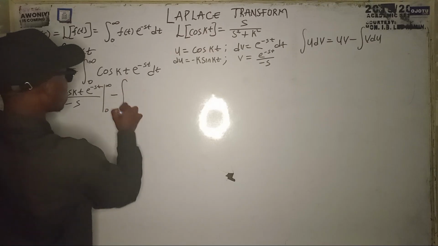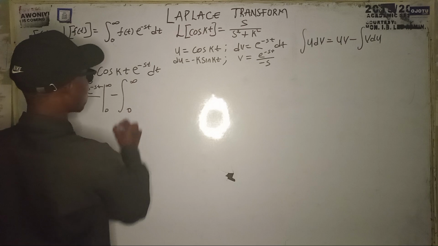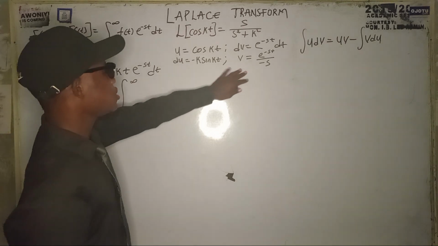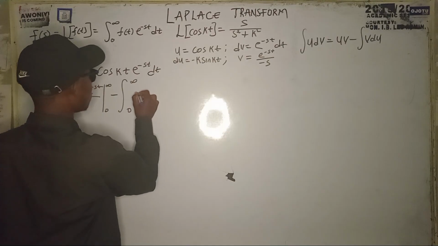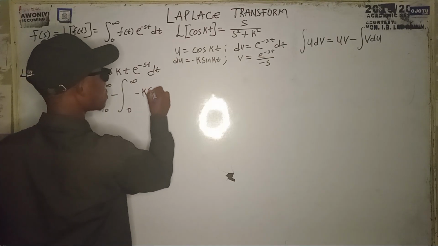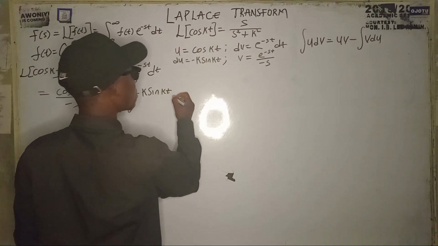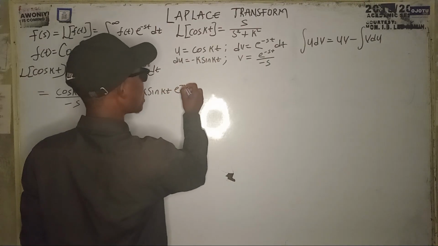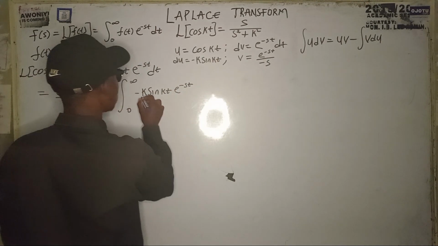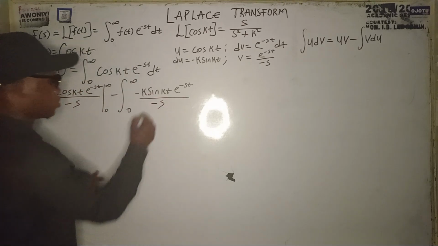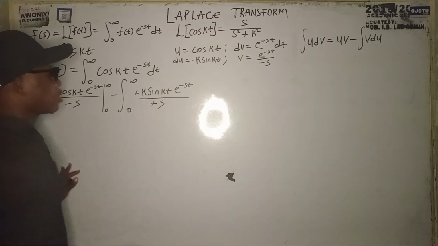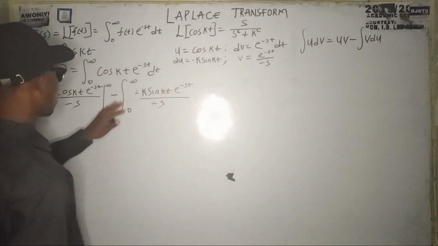Then minus the integral from infinity to 0 of v du, that is equal to minus k sin kt times e raised to the power minus st over minus s. So here we have minus up and down, the minus can cancel each other out. So we can continue from here.